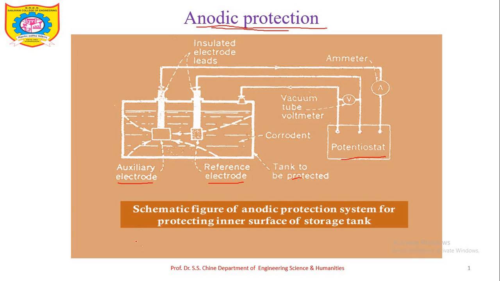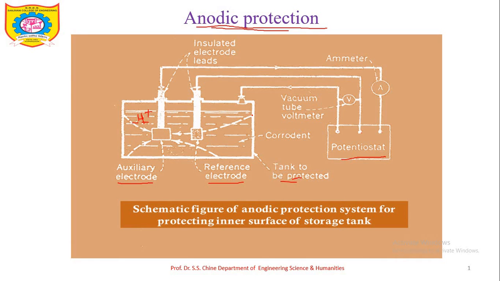So during this anodic protection, we are going to increase the rate of anodic reaction, that means oxidation. You can see this metallic tank. Suppose this metallic tank is filled with a solution which is an acid. For example, this is filled with this acid H+.